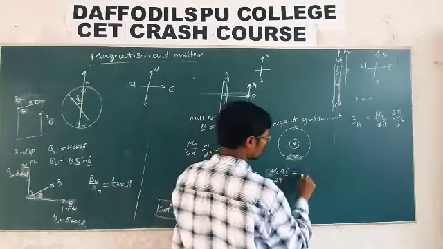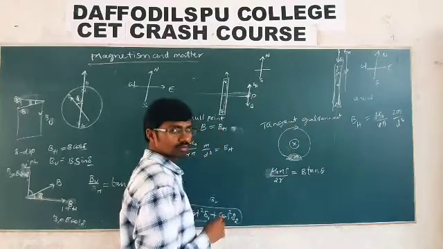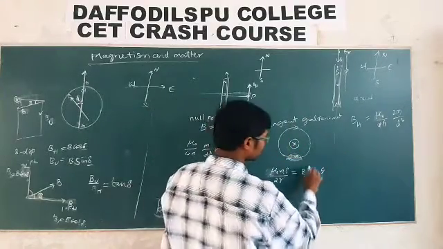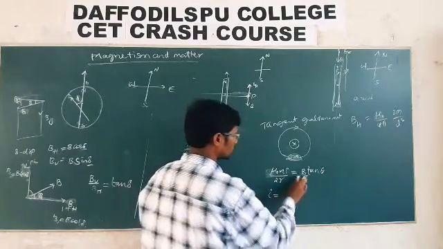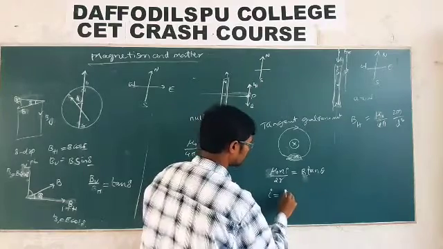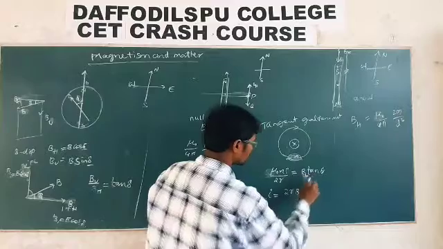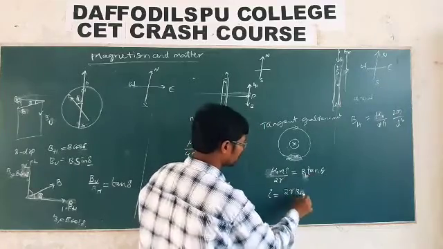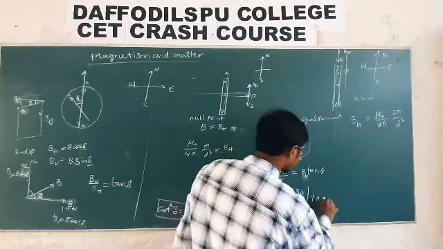But this will be equal to BH tan theta. So I is equal to 2R into BH by mu naught N, into tan theta.